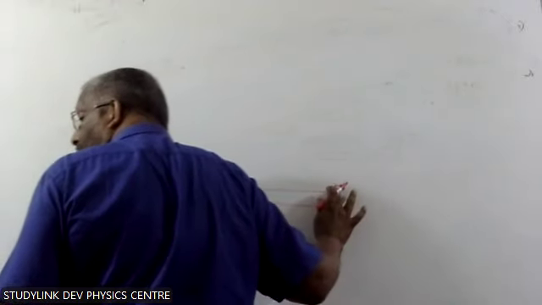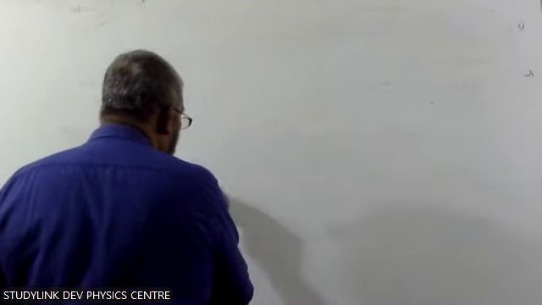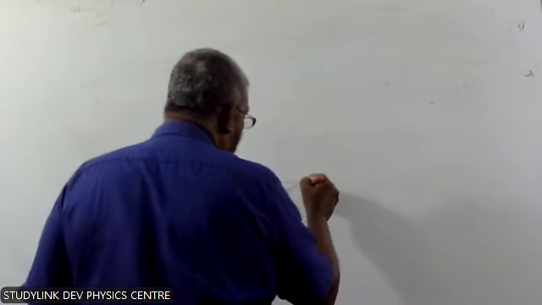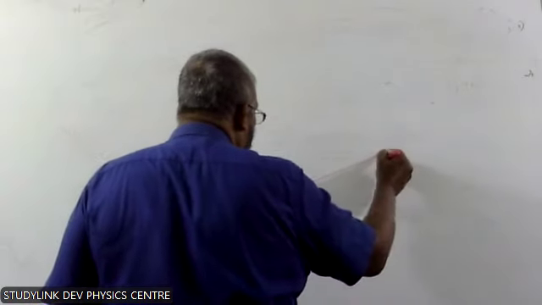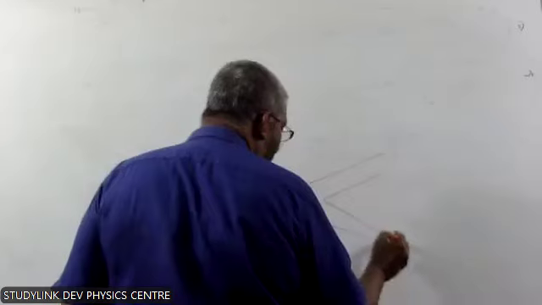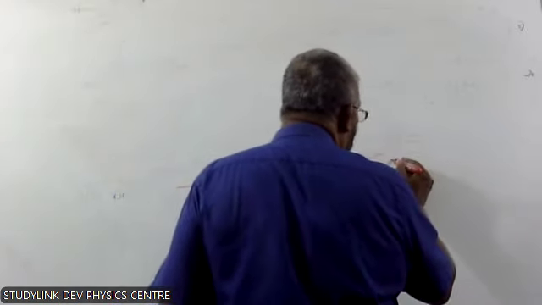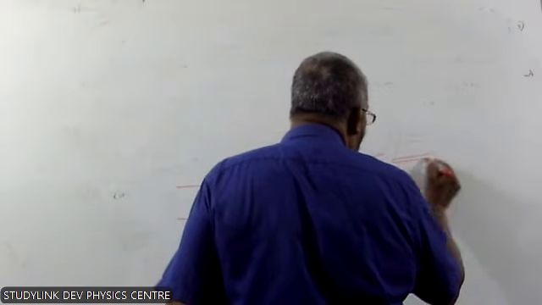We'll say it's moving like that. A large pipe is there. Then another pipe starting from here. Another pipe. Then this pipe splits into two again.